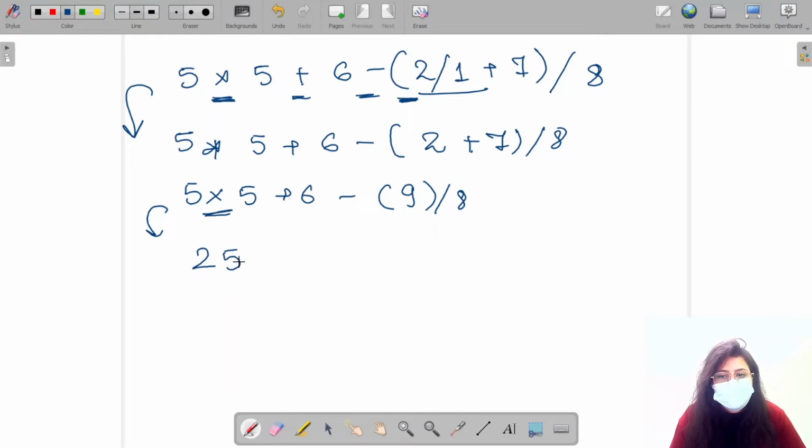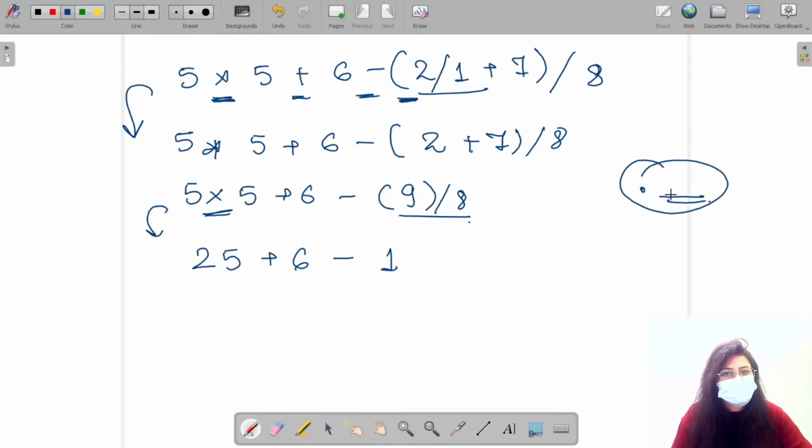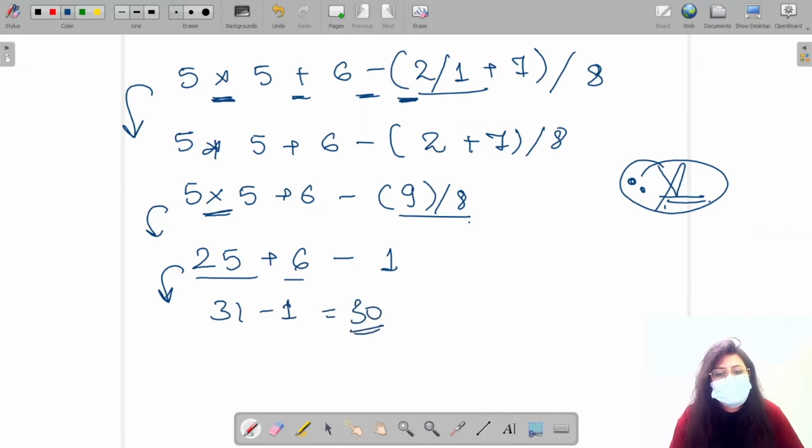We would have 25 plus 6 minus 9 divided by 8, which would be 1, because the decimal part would be ignored. I've taught you in Basic Calculator 2 that we have to just take the integer value and ignore the decimal value while dividing two numbers. So this will be 1. Now solving plus and minus operators is easy. 31 minus 1 would be 30, which is the answer of this equation, right?